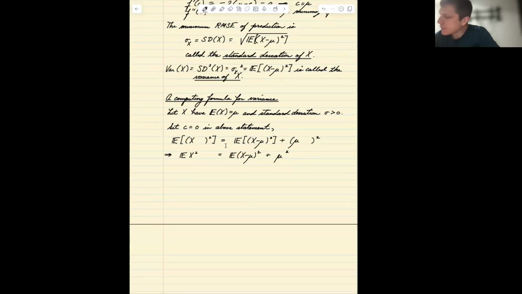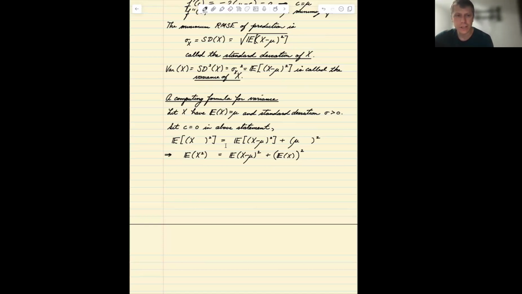So let me write this. This is the square of the quantity. Something to be aware of here: this is the expectation of x squared, and this is the square of the expectation. They are not the same.